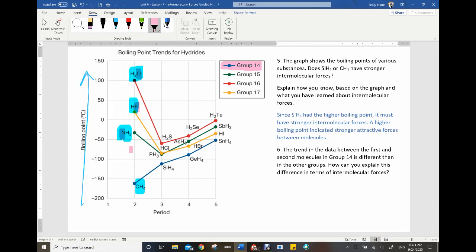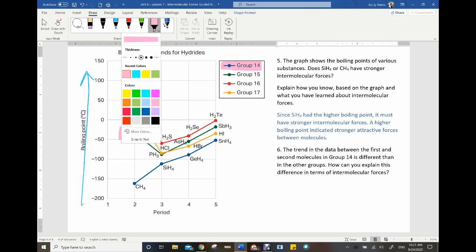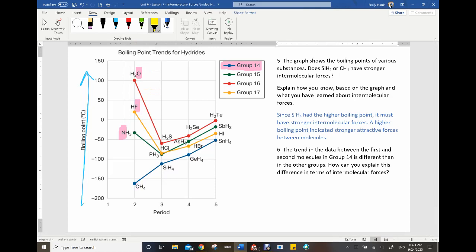So all of these molecules have hydrogen in common, but what's separating them is the atom that hydrogen is attached to. So in these first three, hydrogen is attached to something very electronegative, while in the last molecule, it's just attached to carbon.